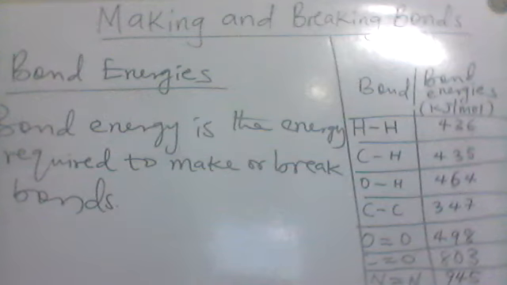Now, if you look at the table at the right hand corner, it shows different types of bond and the energy that is required to make them or the energy that is required to break them. The energy required to break or make bond are equivalent. The unit is in kilojoule per mole.